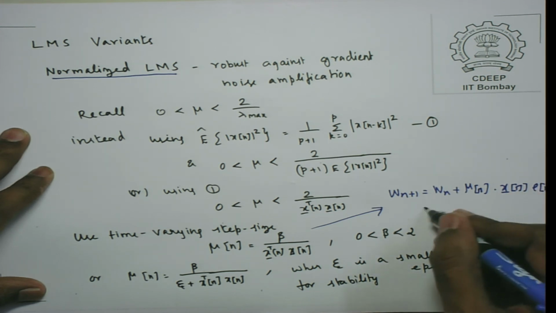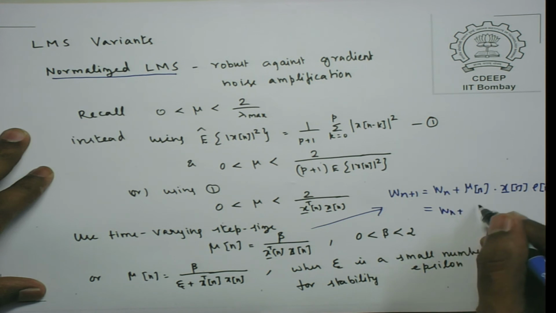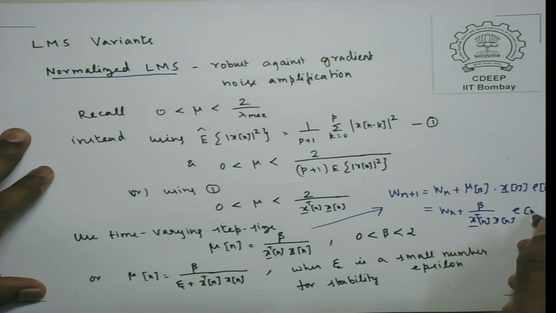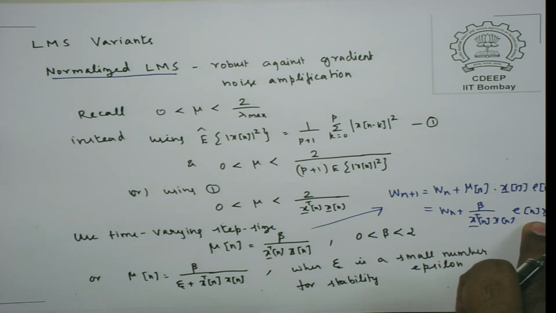So, you can see this mu n essentially is beta by x transpose n times x n, right, E n x n. So, this x n, even if it has perturbations, the similar perturbations happen in this denominator term here.